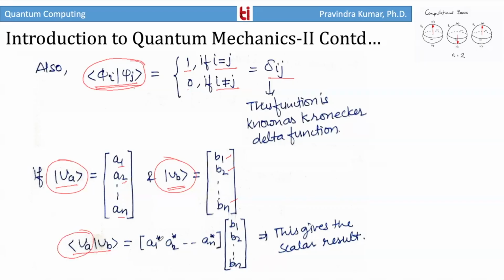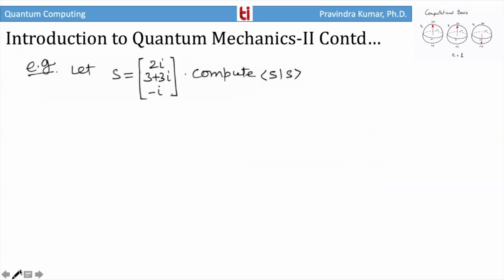So it is a1 conjugate, a2 conjugate to an conjugate. This is a row vector and this is a column vector. This inner product gives you a scalar result, and this scalar quantity is basically the probability amplitude, as we have seen in the previous slides.